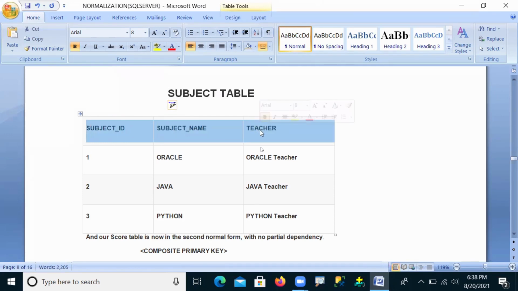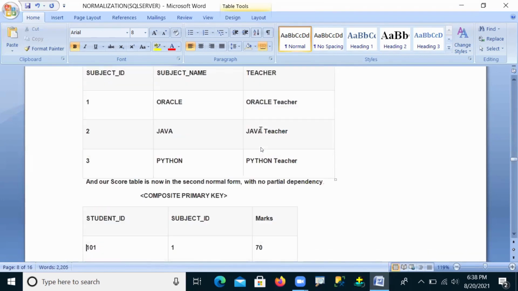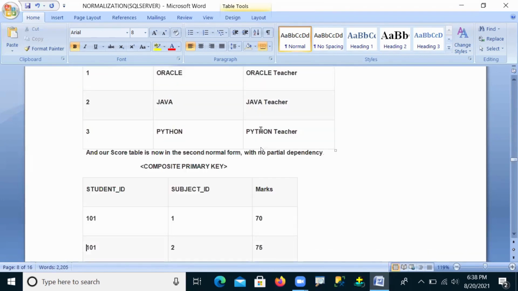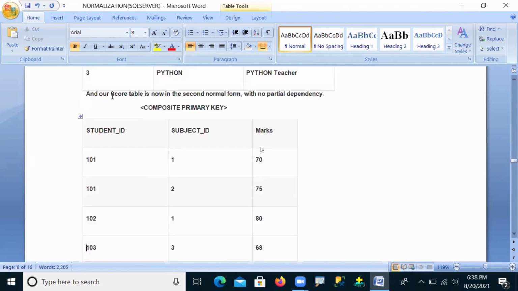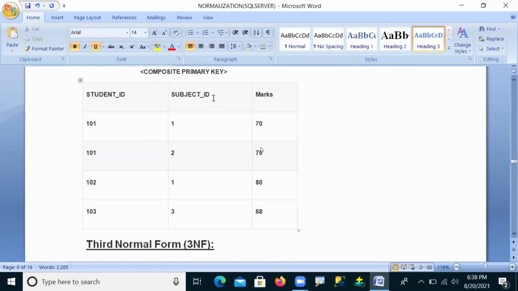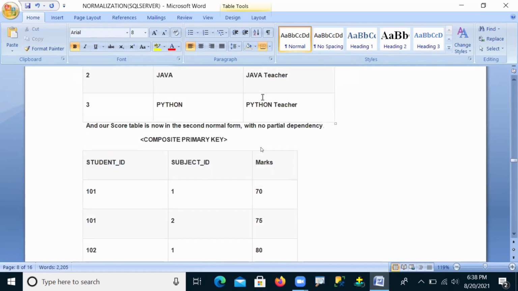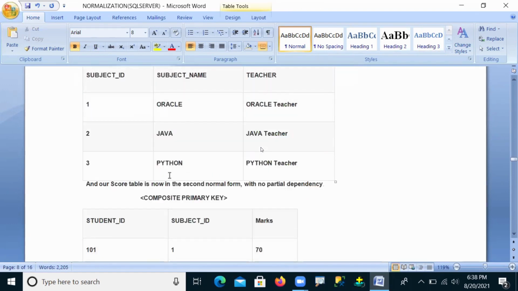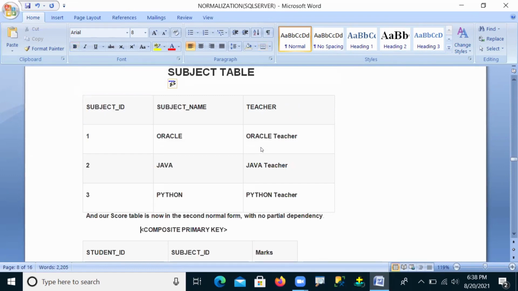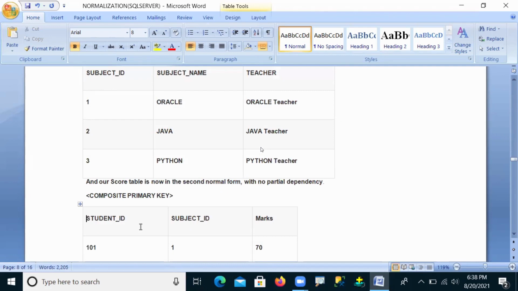Now come to your score table. The score table has student ID, subject ID, and marks. If you see these two tables, do you have any partial dependency columns in them? Carefully observe.